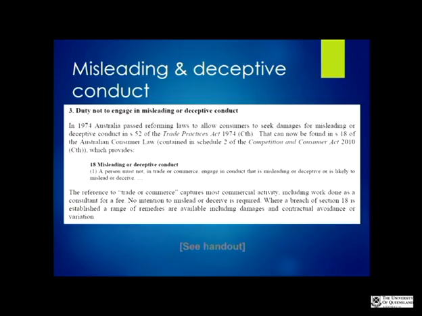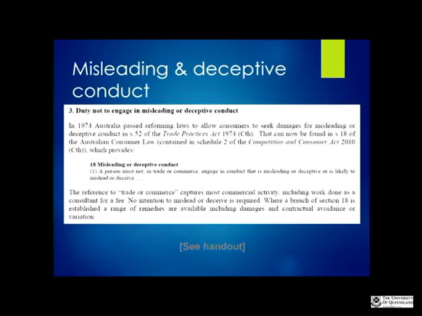The interesting thing here is it doesn't have to be intentional, so you don't have to set out to mislead or deceive anyone. It can be unintentional, but obviously when it's willful, you're going to see much stronger penalties being imposed. Damages is the most likely outcome, and they can be quite substantial, but also it can be used to set aside a contract.